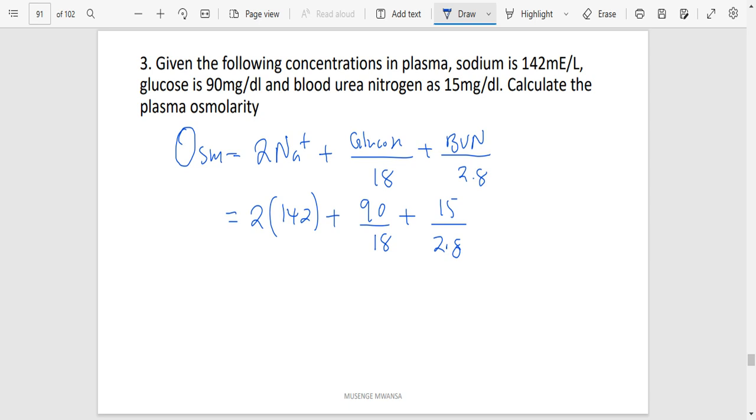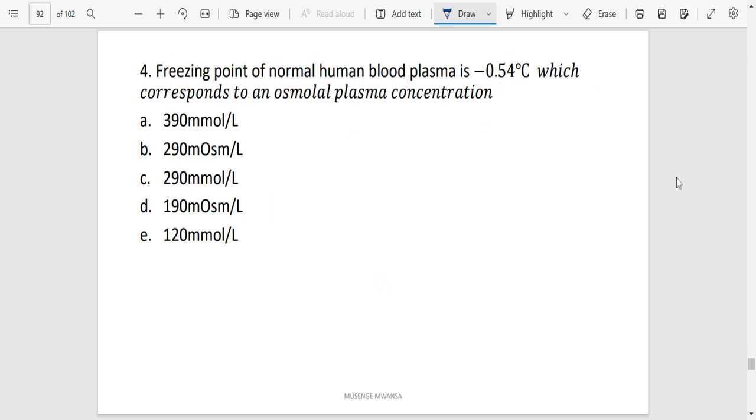I'm going to start with 2 multiplied by 142 plus 90 divided by 18 plus 15 divided by 2.8. So this is giving me 294 as the nearest whole number. Remember at the beginning we said the unit should be milliosmol per liter. So this is going to be it.